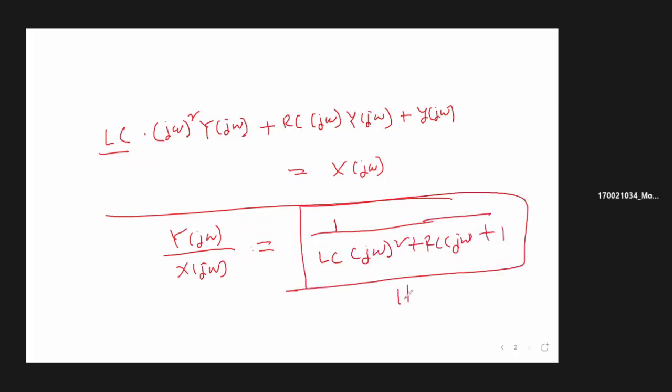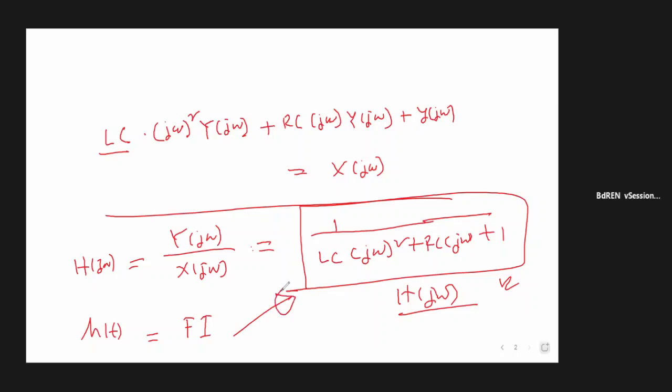So this is what we say is the transfer function of your RLC circuit, if we take output across the capacitor and your input is a voltage, okay? So in this way, if this equation is available, this is your H(j omega). If you want to find h(t), what you need to do? You have to take the Fourier inverse of this term, isn't it? Yes, sir. Now, how can we take the Fourier inverse of this term?